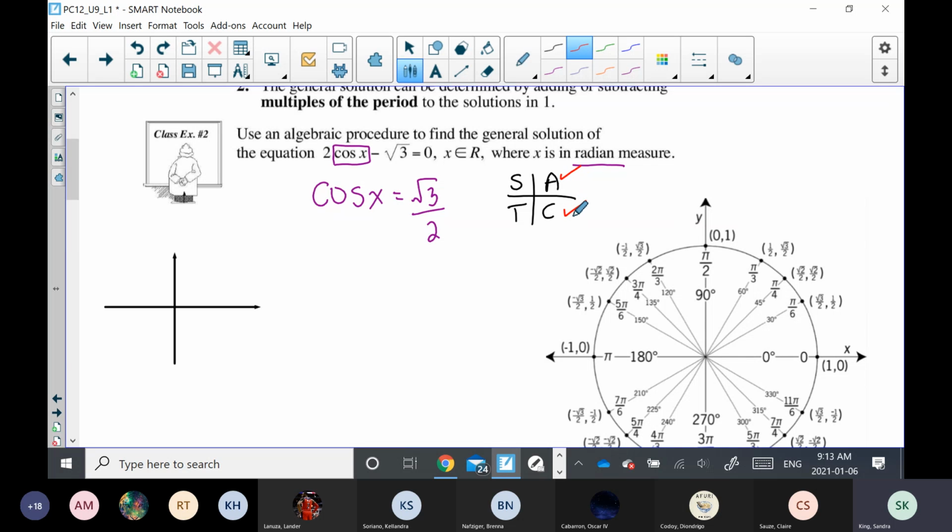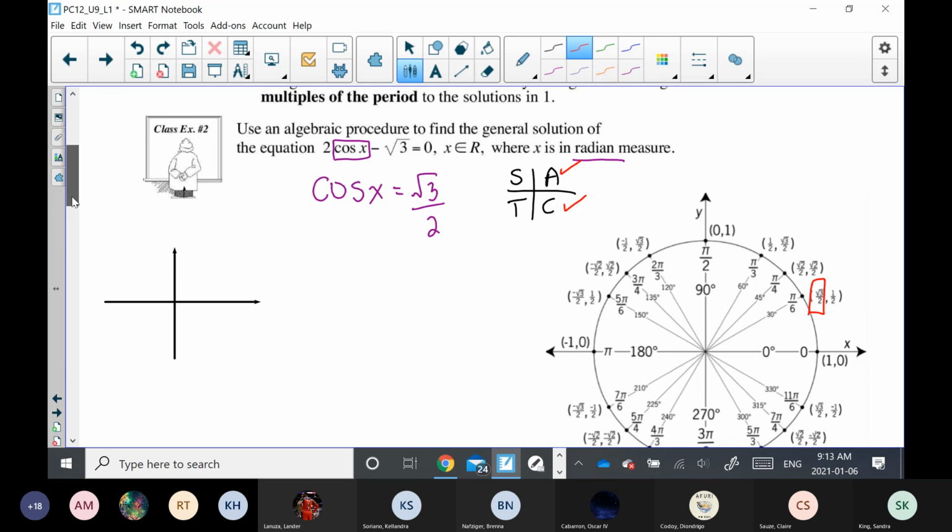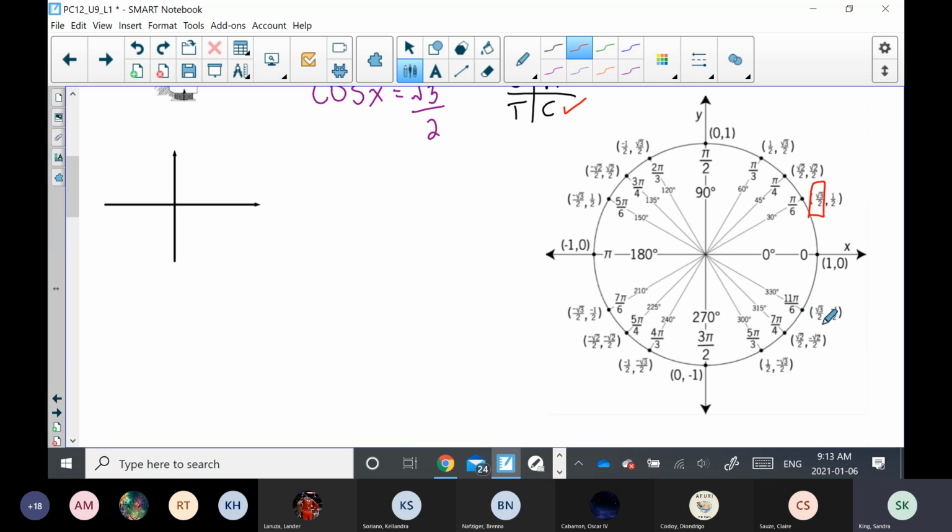Now, to find my solutions using the unit circle, I am going to look for my x coordinate. Where is x root 3 over 2? Right there in quadrant 1. And if I go to quadrant 4, right here.